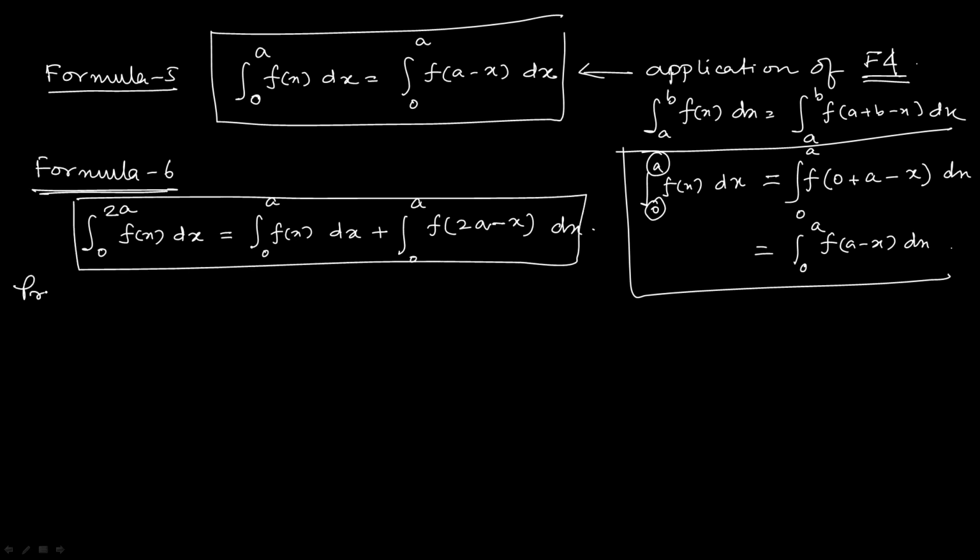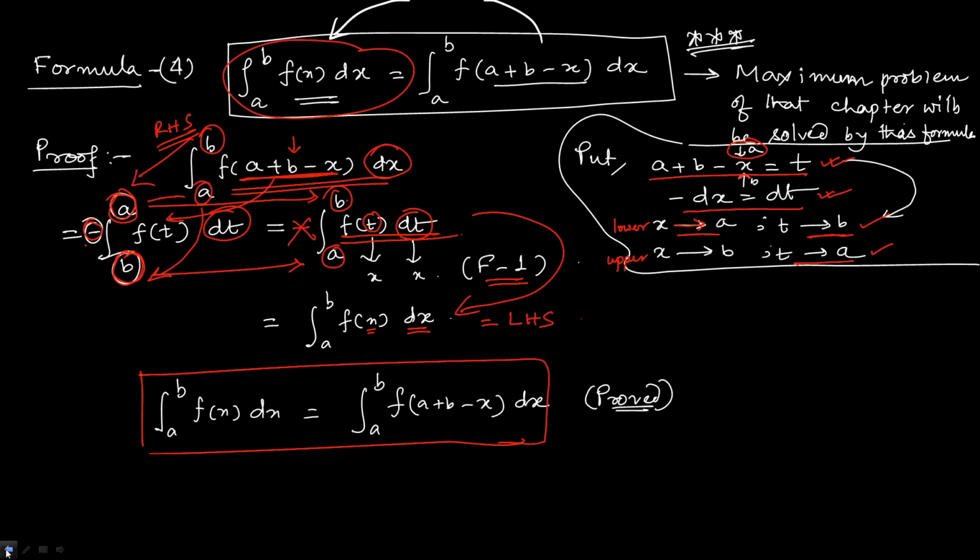So let us do the proof. So the left hand side is what? Integration 0 to 2a f(x) dx. Now between 0 and 2a, there is a value a or not? So I can apply that formula, the C formula, formula number 3 I think.